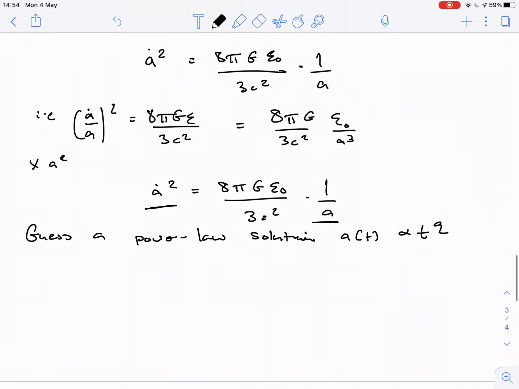Okay? So in this case, the left-hand side is proportional to a dot squared. The derivative of a is t to the q minus 1, and then that's squared, so it's equal to t to the 2q minus 2. And then the right-hand side is just proportional to t to the minus q.